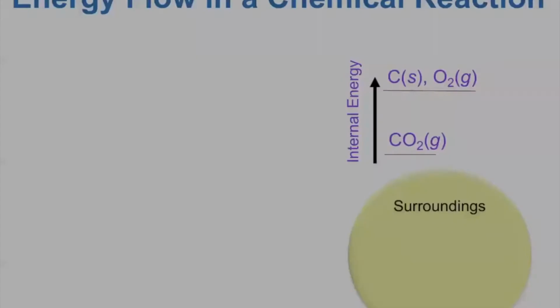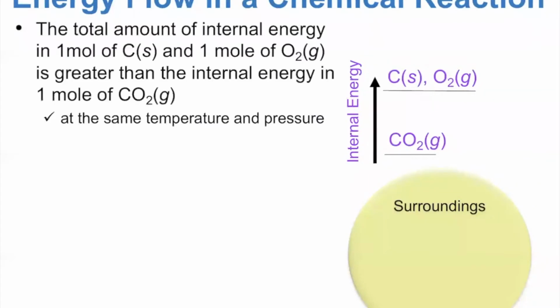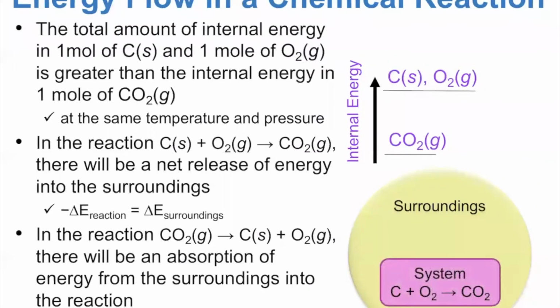On the other hand, here's an example. If we look at a reaction itself, here you have a reaction where, let me circle right here, your reactants have more energy than your products.